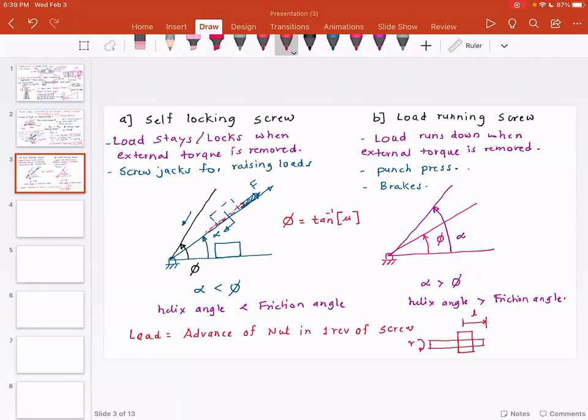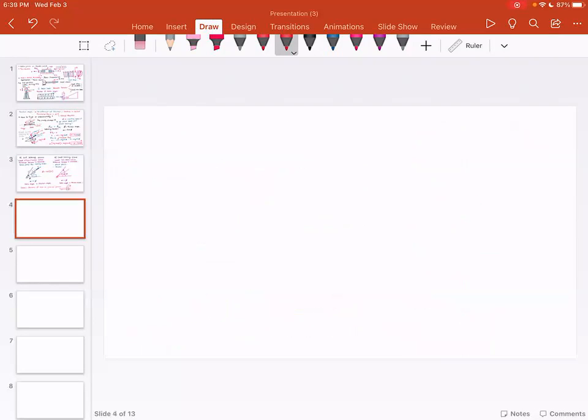So the relationship between the lead and the rotation is very important. And this is given as something called as the pitch multiplied by number of starts.